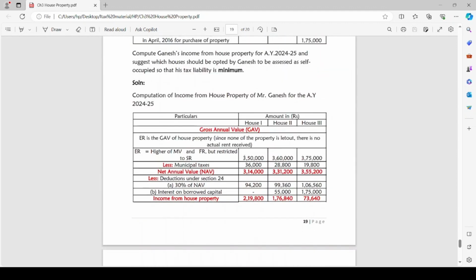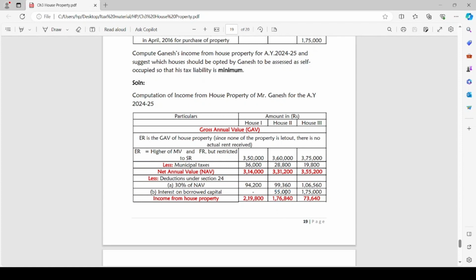Considering the second property, if such property is treated as self-occupied property, the computation will be the same till the net annual value. We can provide the standard deduction of 30% on NAV. But the interest on borrowed capital has a ceiling limit of 30,000 only.